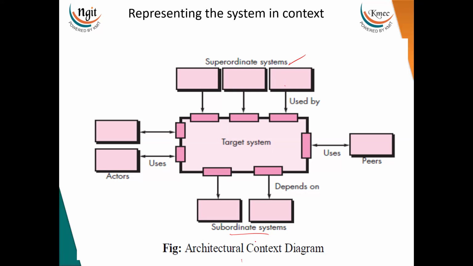Subordinate systems are used by the target system and provide data or processing that are necessary to complete target system functionality. Then peer level systems interact on a peer-to-peer basis. That is, the information is produced or consumed by the peers and the target system. Actors are the entities that interact with the target system by producing or consuming information that is necessary for requisite processing. Clear?